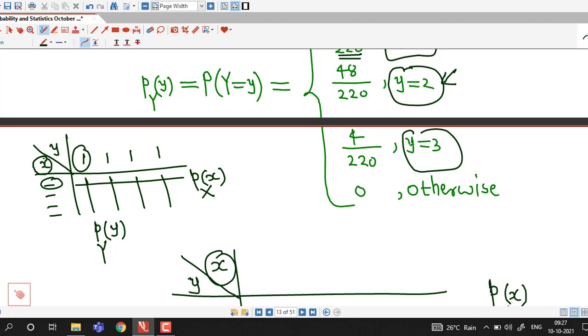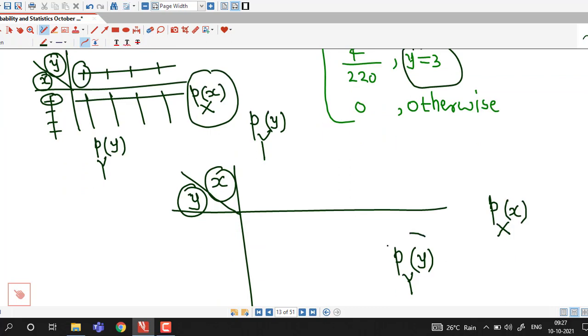If you write x values in rows, then row totals give the marginal probability mass function of x, and if you write y in columns, then column totals give that of y. If we interchange, then row totals will give us p of y and column totals will give us p of x.